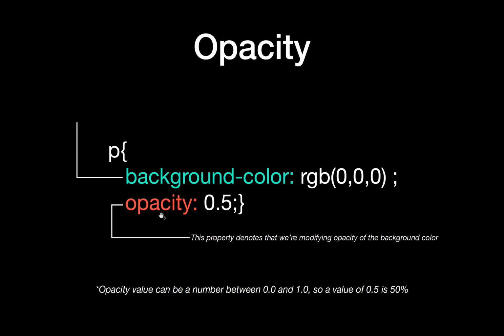Okay, so again, this property denotes that we're modifying the opacity of the background color. And with opacity, opacity can be a number between 0 and 1.0. So the value of 0.5 that we have here is 50% opacity. So that would be kind of like a grayed out color. But essentially we could just set the background color to be gray. But this is showing you how to establish an opacity of a color.